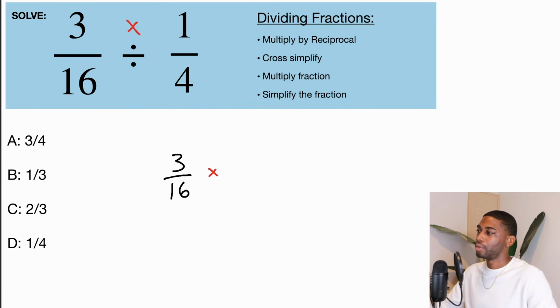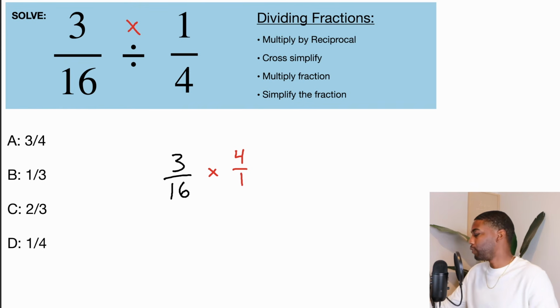So this should be actually pretty easy. Okay. So we change the division sign into a multiplication sign. And lastly, we have to flip this second fraction. So instead of 1 over 4, it'll actually be 4 over 1.